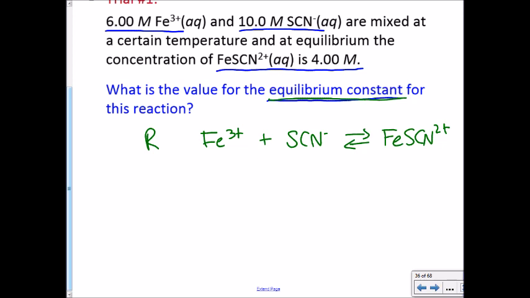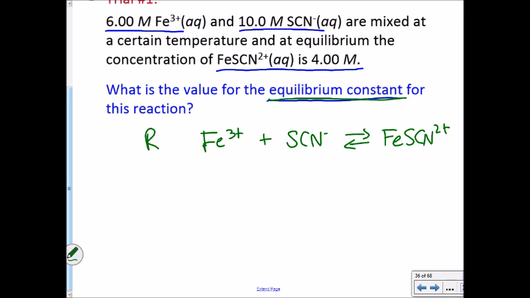Yeah, you would cross out the solids or liquids. Like if this was a liquid, I would just go ahead and cross through that particular part because it doesn't play a role in equilibrium. But this one, all of them are AQ, so they all are going to play a role in finding the equilibrium constant. We will have examples like that where we're going to cross out the solids and liquids and not use them.